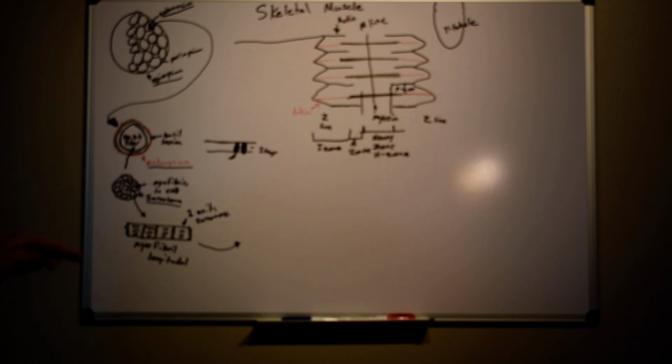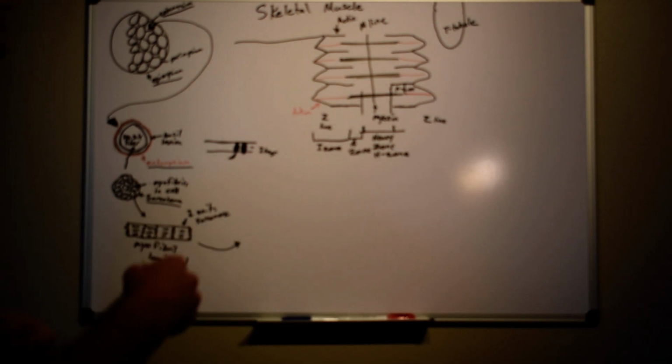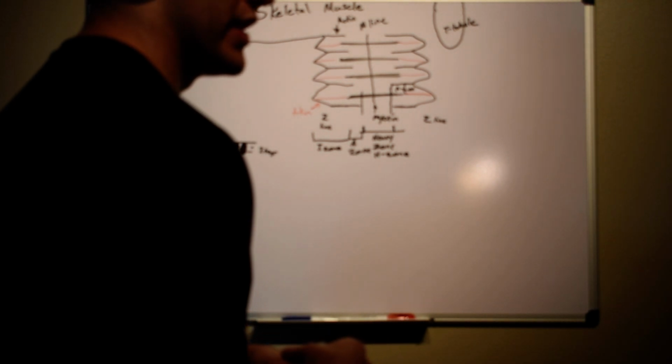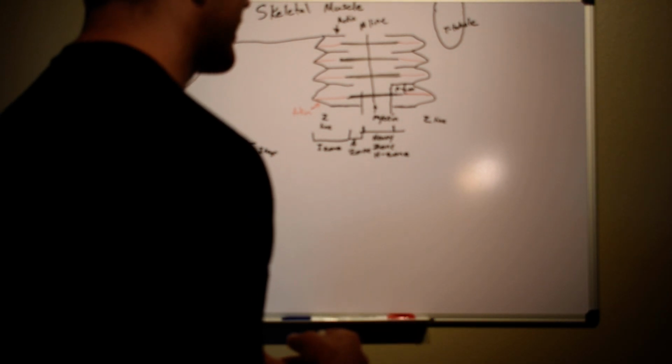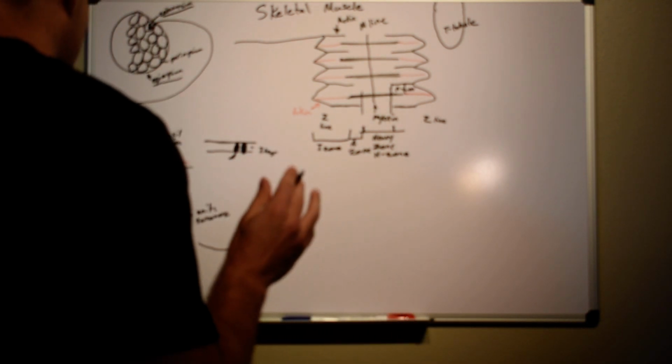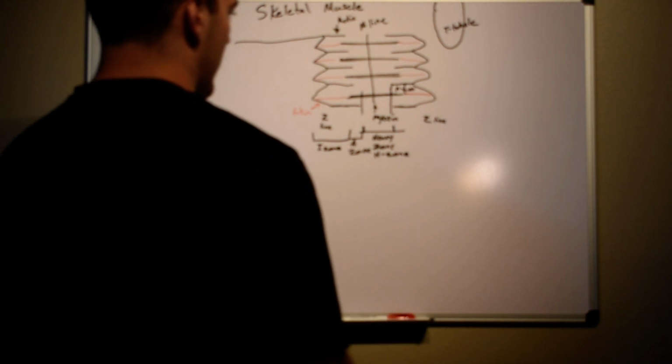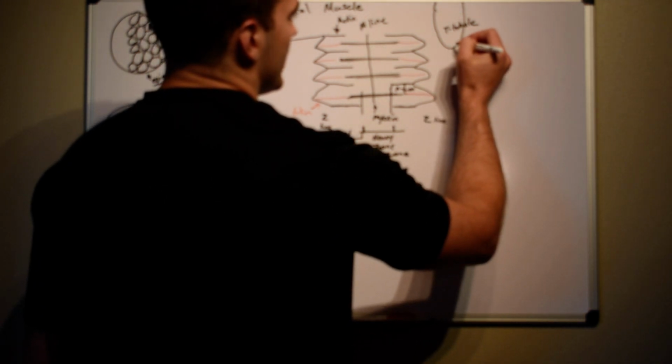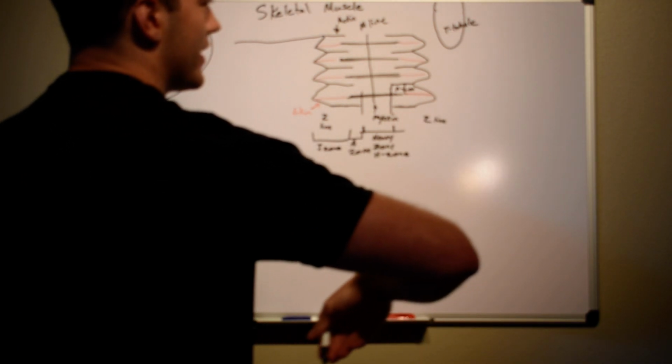Because there's so many of these myofibrils inside of a single muscle fiber that we need to get deep into the cell to give the action potential to all of them, so they can all get the calcium they need to contract. Okay, I'm alluding a little bit here too far, but you get the point. So the T-tubule just dives deep down in the cell.